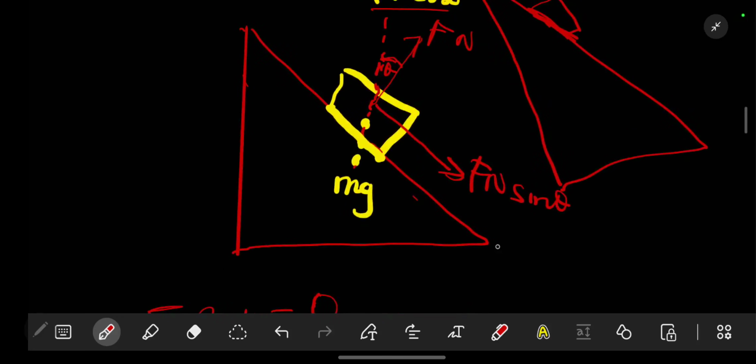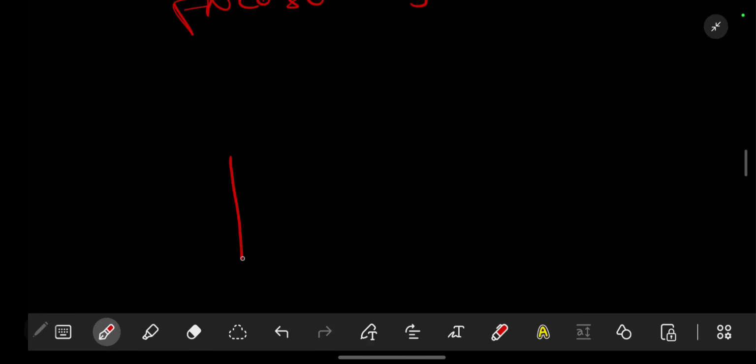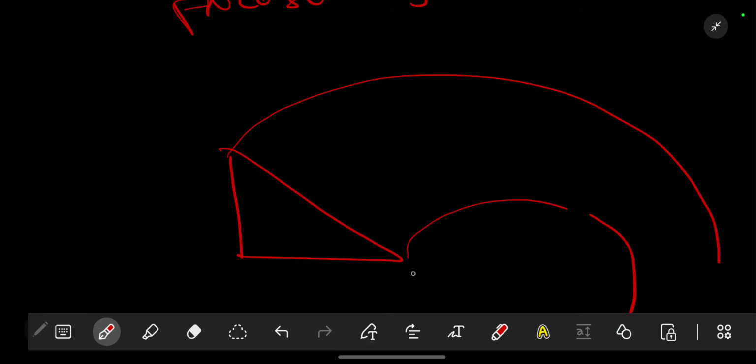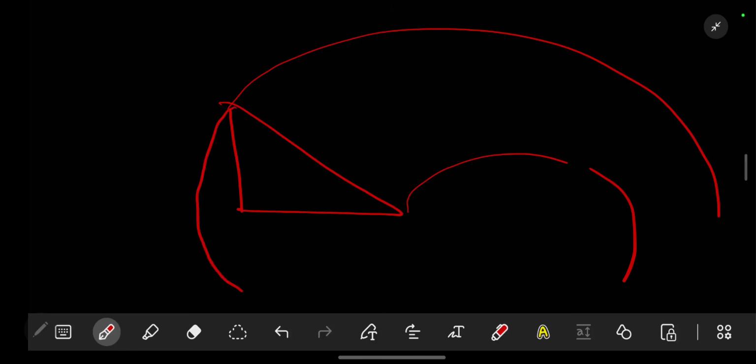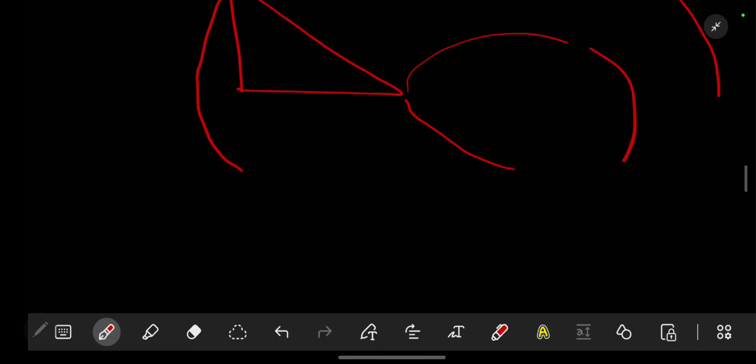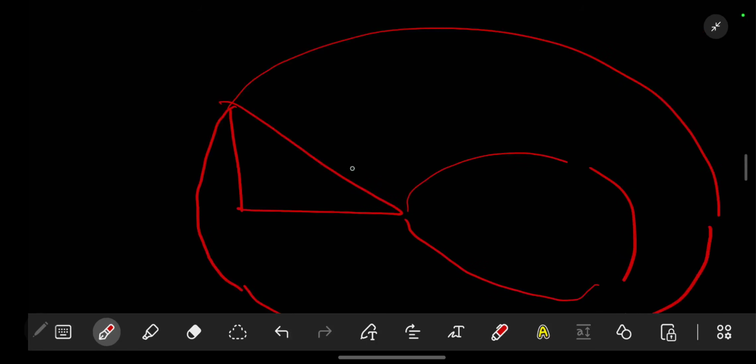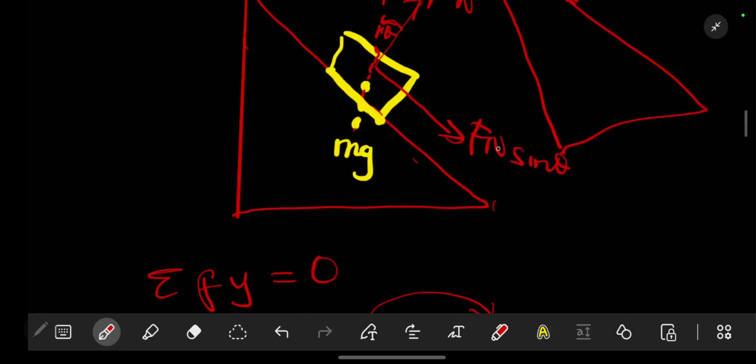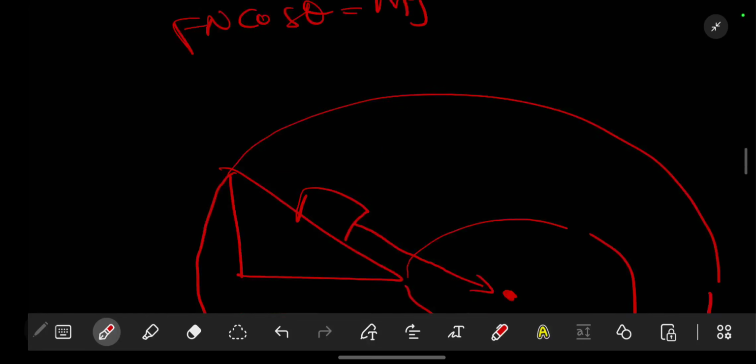Then if you look at the diagram, we have a banked road like this, the road is like that. Now the car experiences a force that is pushing it towards the center. And this one, as you can see, is Fn sine of theta.